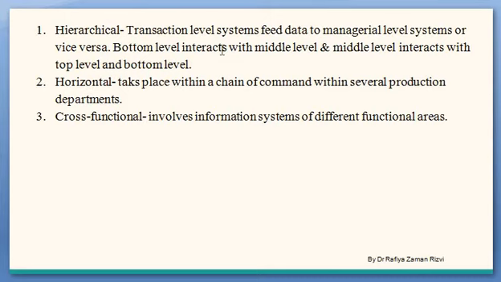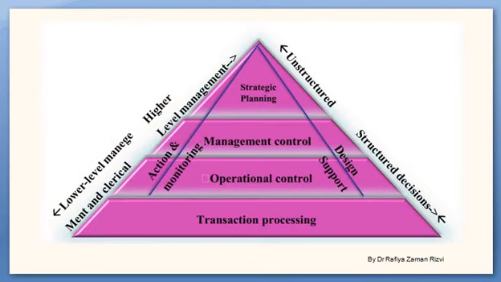The bottom level interacts with the middle level, and the middle level interacts with the top level and bottom level. As we saw here, this is the top level, this is the middle level, and this one is the lower level. So this is called the hierarchical structure.